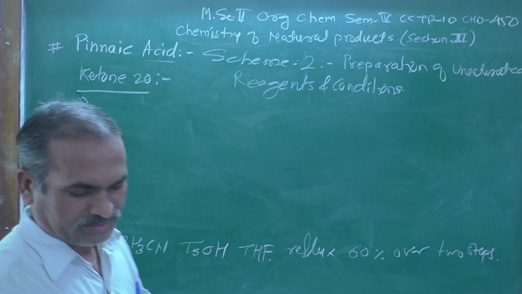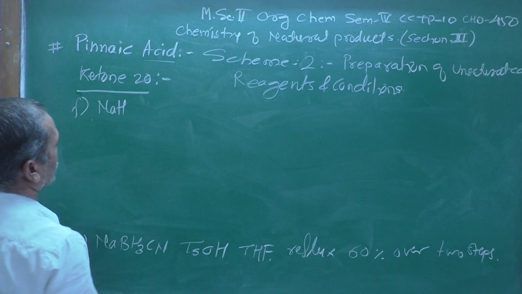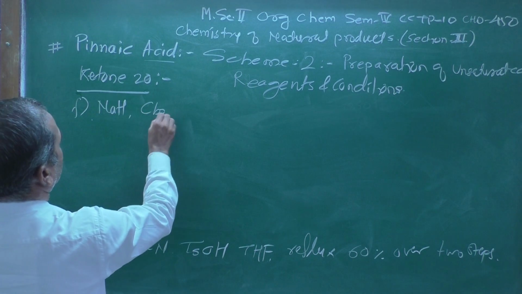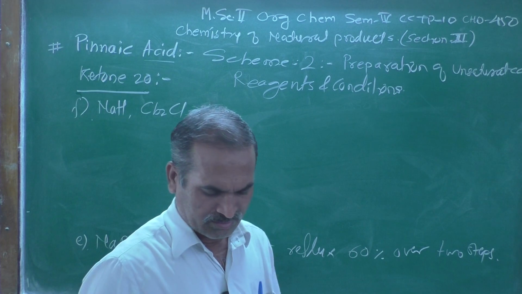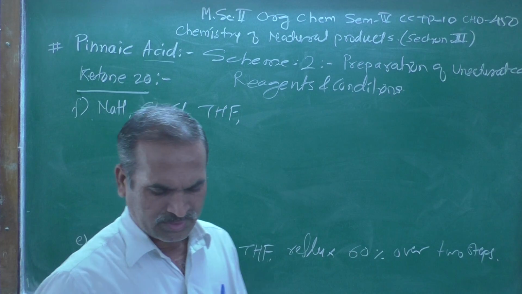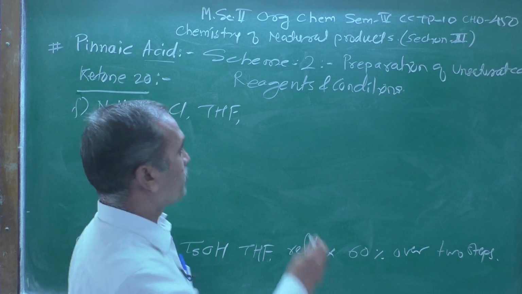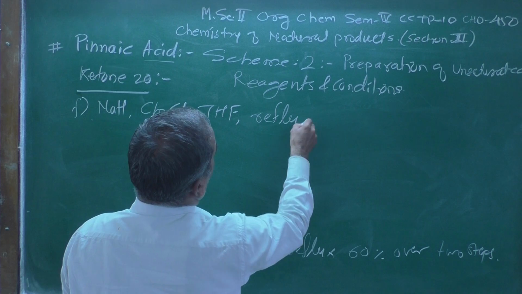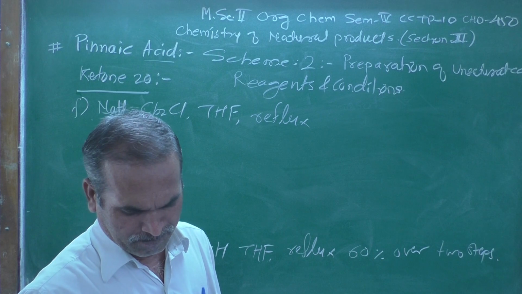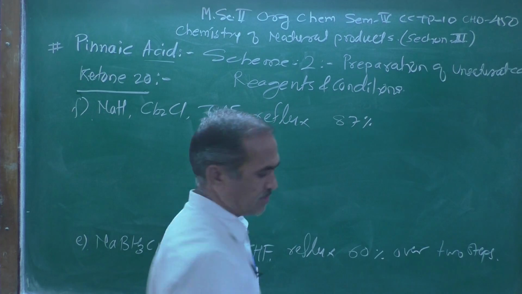F reagents are NaH, sodium hydride, followed by CbzCl, with THF used as the solvent, and that reaction mixture was under reflux condition, and the yield obtained was around 87%.